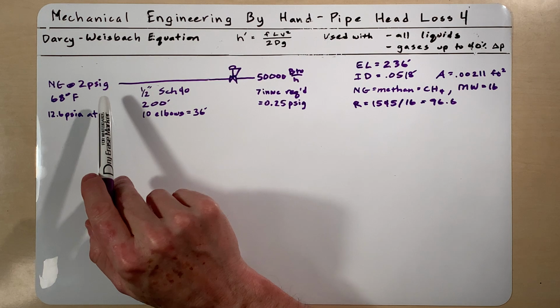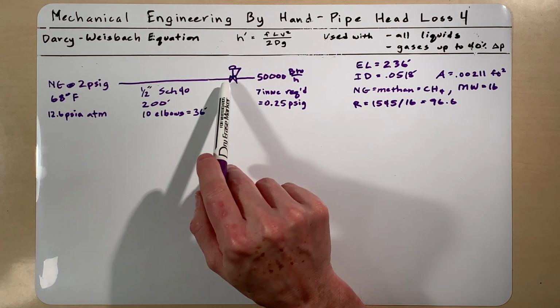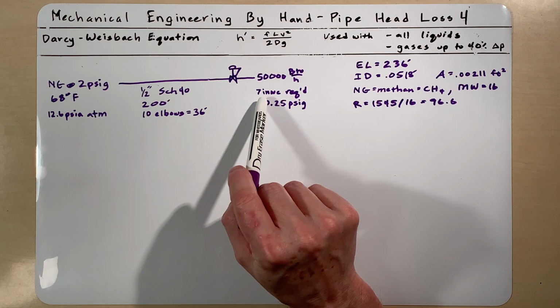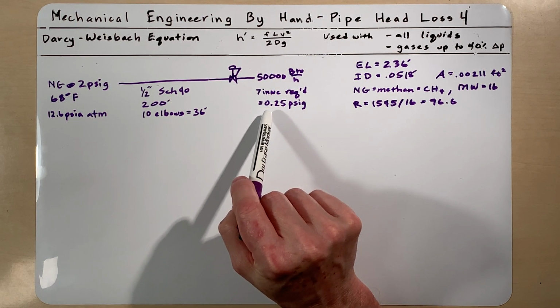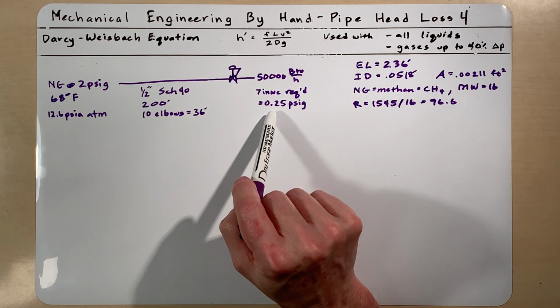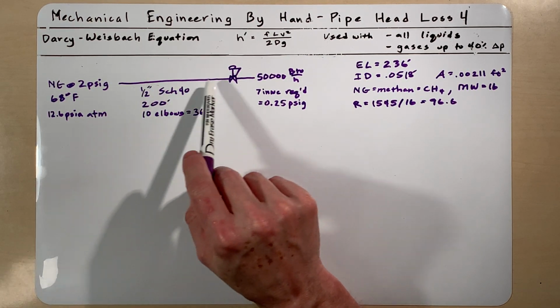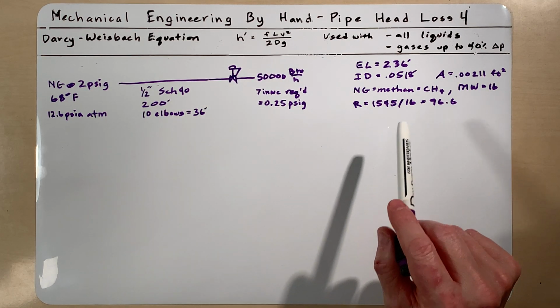So what we'll do is see if we have enough pressure. You would definitely want at least, probably in real life, 1 psi along this pipe. So we'll see what the head loss is.